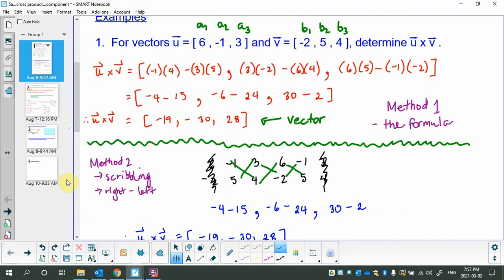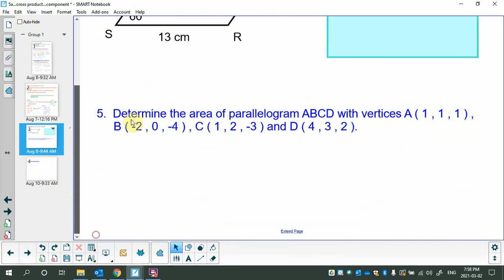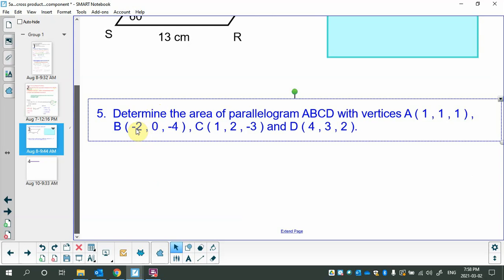All right, so another 2 questions here. Some purposes of cross product.